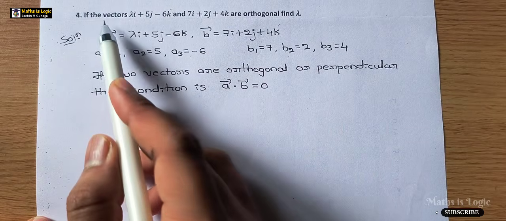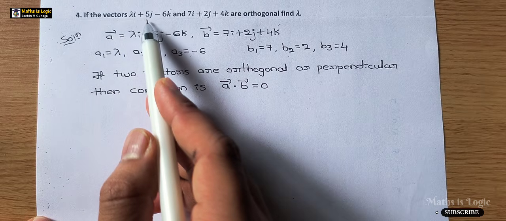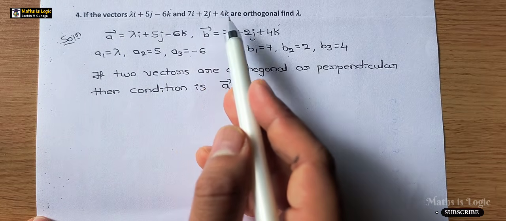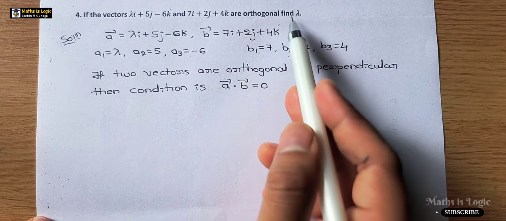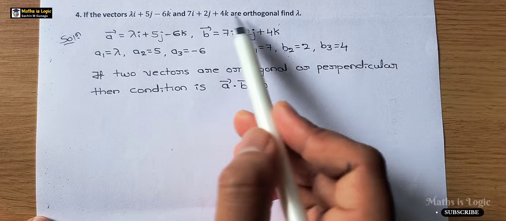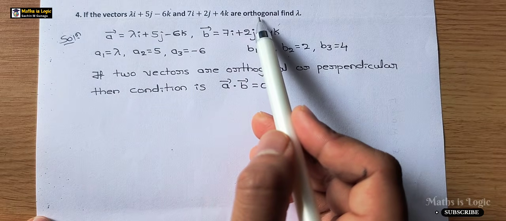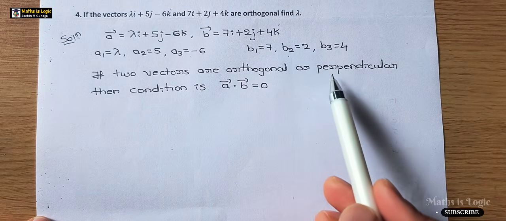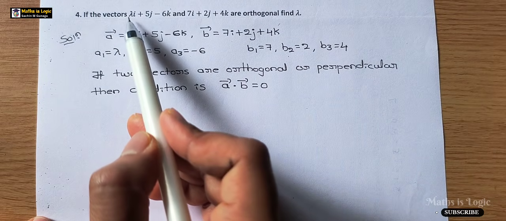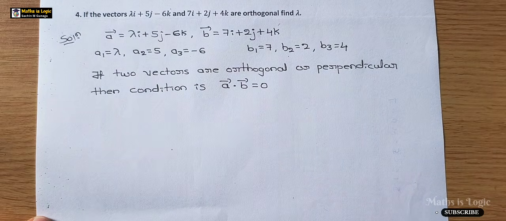Next, if the vectors lambda i plus 5j minus 6k and 7i plus 2j plus 4k are orthogonal, find lambda. So in this question, using this orthogonal condition, orthogonal means perpendicular. Using this condition, we need to find out this unknown value.